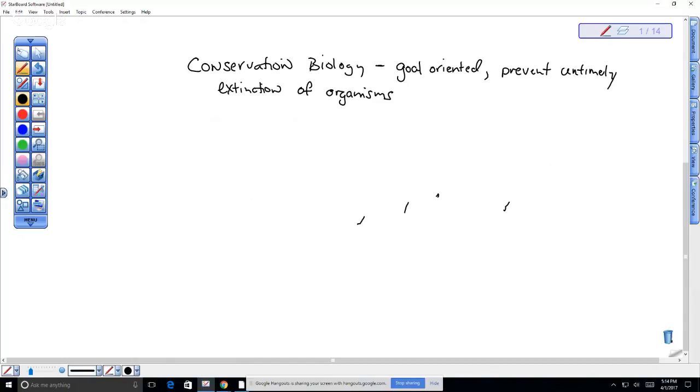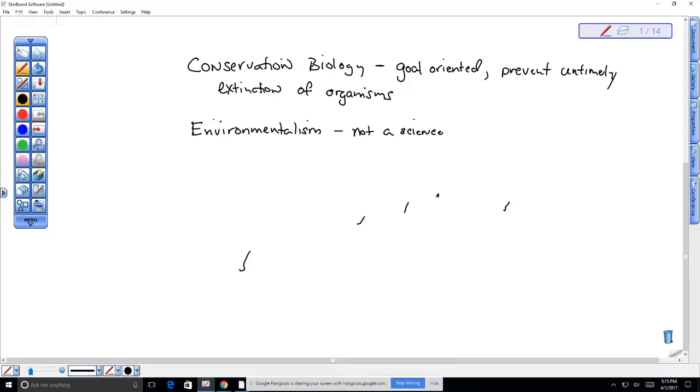It's goal-oriented. And then we really need to distinguish between environmentalism and environmental science. So environmentalism can be a philosophy, and it's not a science per se, but rather people try to use science to promote their ideas of what should happen, of what an ideal society would be.